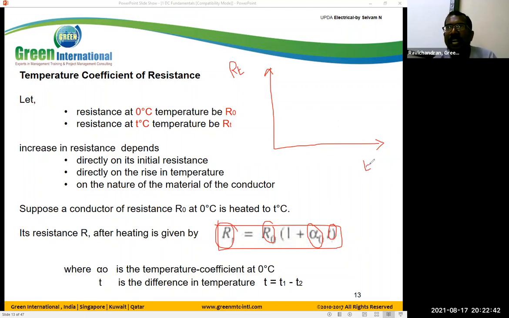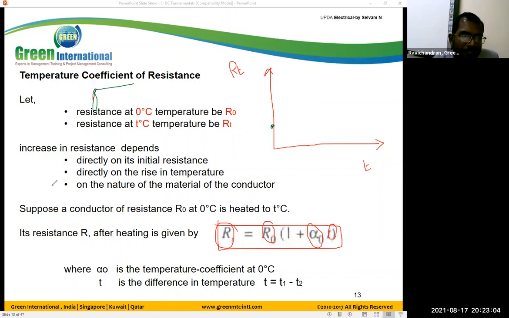Now, the temperature is 0. If the temperature is 0, what is the value for the copper, or what is the value for the green color wire? 10. So that is here. If the temperature increases, what will happen? The current will decrease.